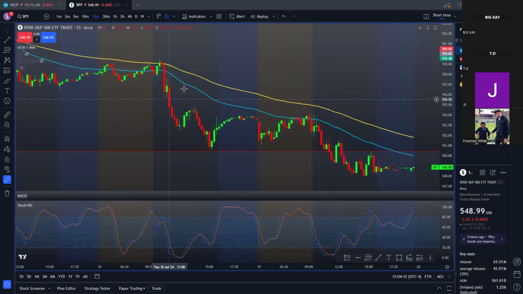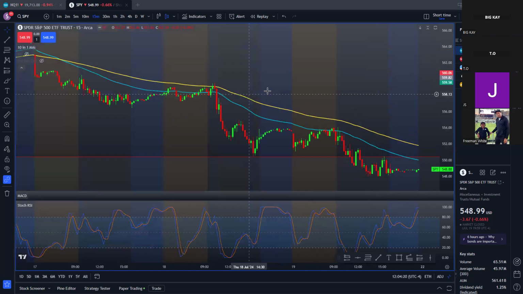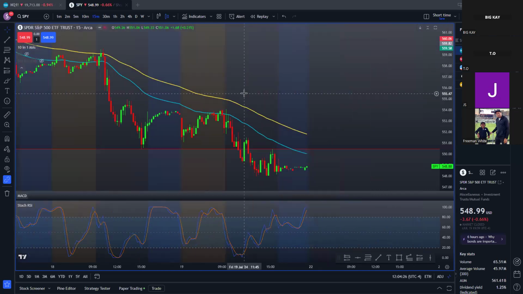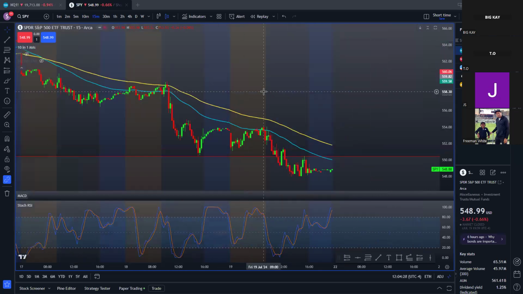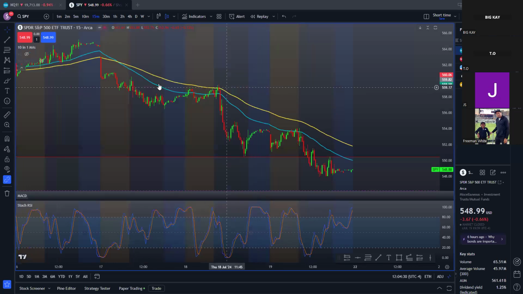This also stops us from catching falling knives, right? We try to catch the bottom about 3 times and then get wicked out. If you just say the 50 under the 100, I'm only looking downside. You're better off overall. I'm looking at this on all the time frames and I'm like, cool.